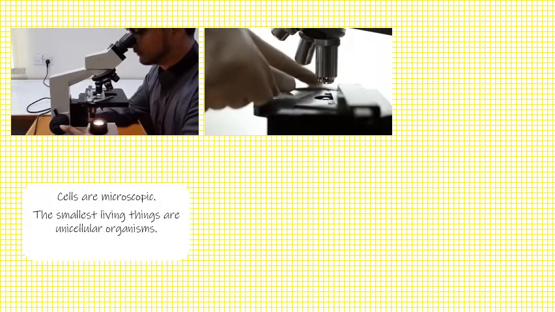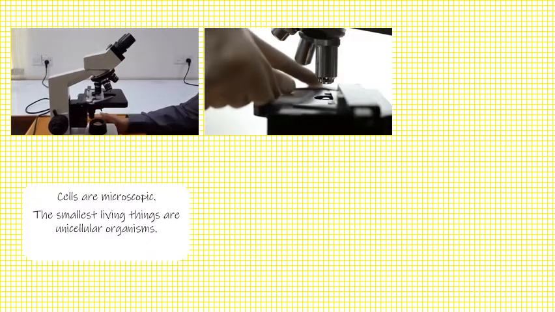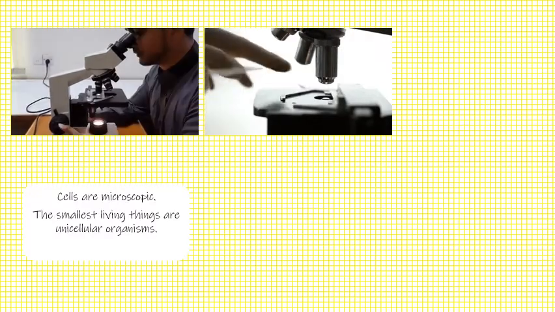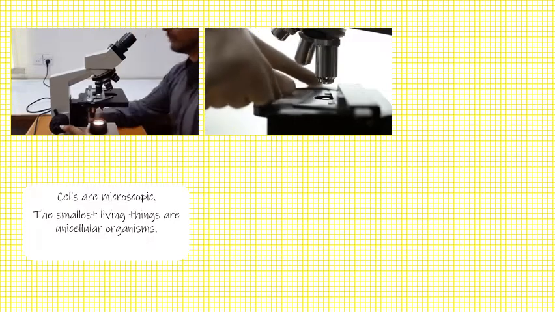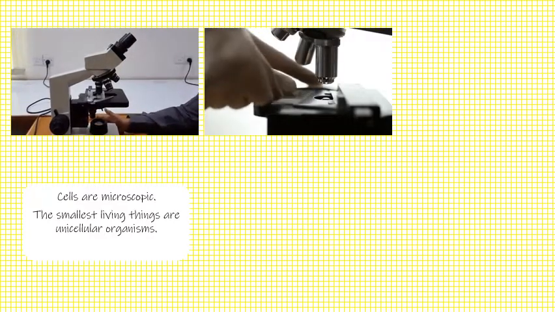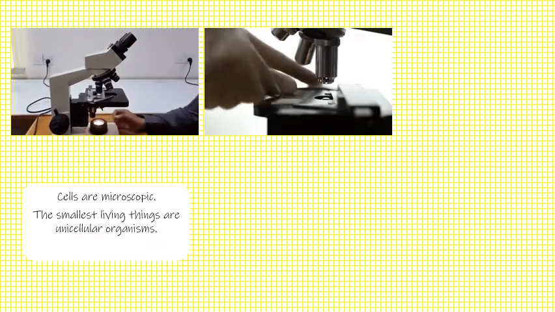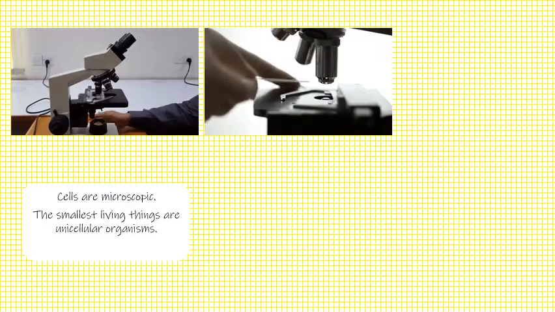The smallest living things on Earth are unicellular organisms. A unicellular organism is also known as a single-celled organism. It is an organism or a living thing that consists of one cell, unlike the multicellular organism.